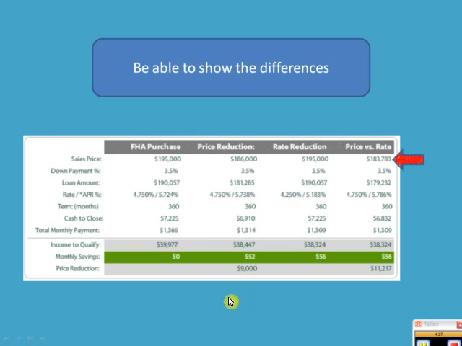So when we compare our price versus rate, what this is doing is saying, what would this price have been if we had compared it to the interest rate? So to get the same payment, this $1,309, the sellers would actually have to reduce the price to $183,783. That's the difference of $11,217.